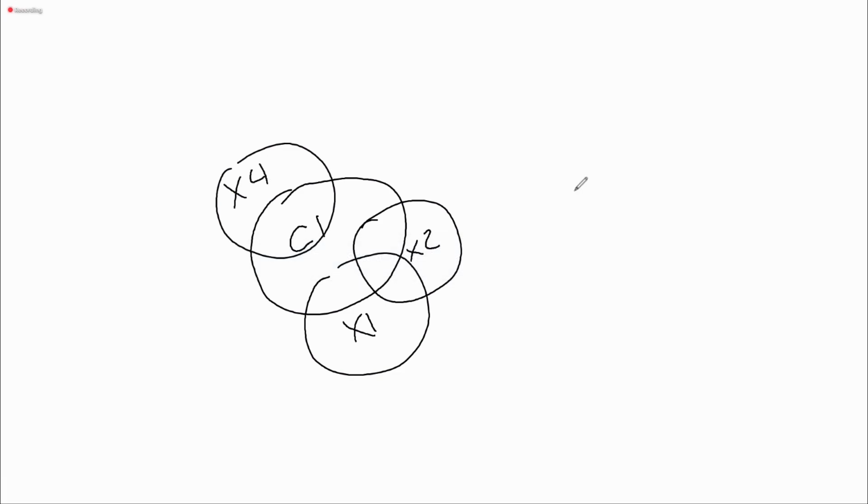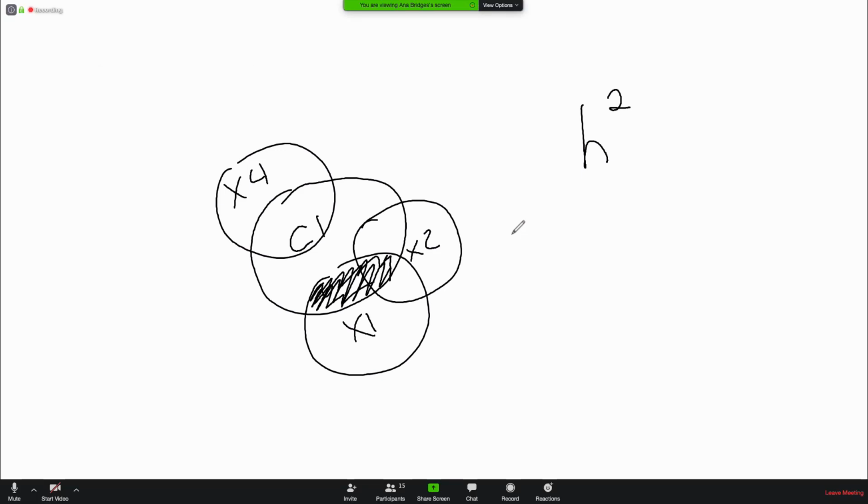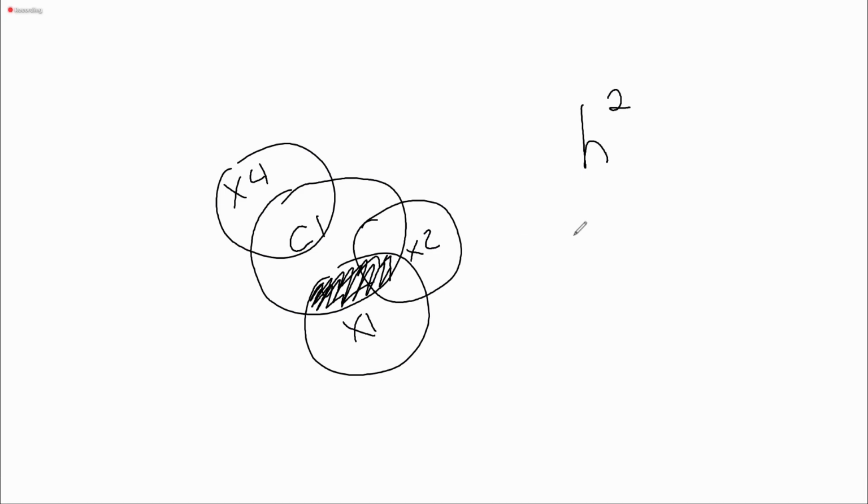And if, let's say for a moment, that x1 doesn't overlap with anybody else, so it just loads on component 1, it's got all of this overlap between itself and its component, which is what we call our communality, or our h squared. Now, if we have an oblique rotation, this is fine.